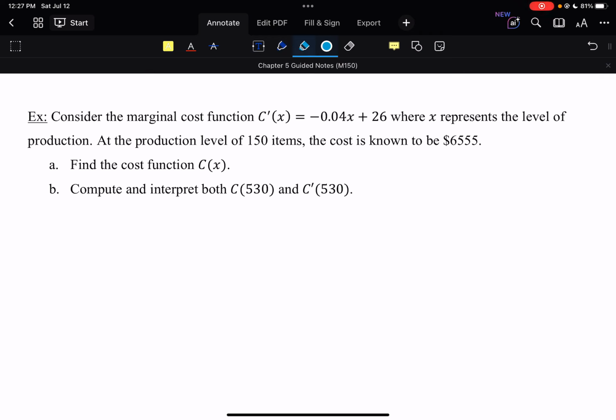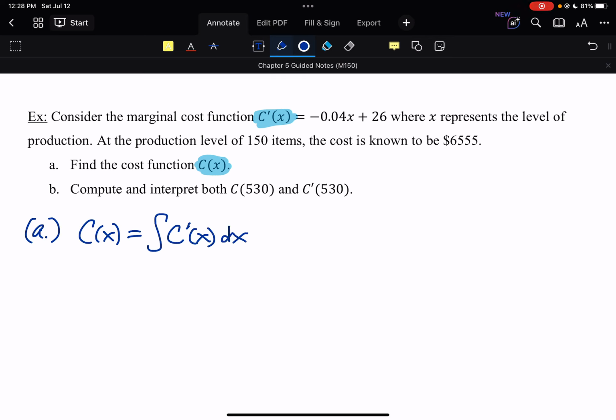Okay, so we know c prime, the marginal cost function, and we're trying to find the original c. This is where antiderivatives are going to help us out. So c of x is going to be the integral, or the antiderivative, of c prime of x dx. So we'll go ahead and put the function in there.